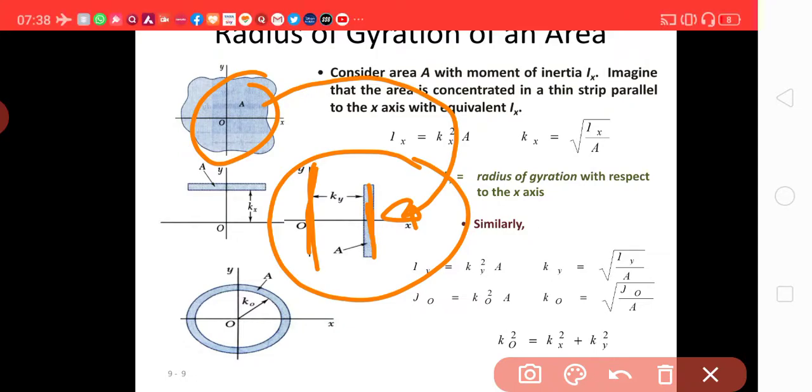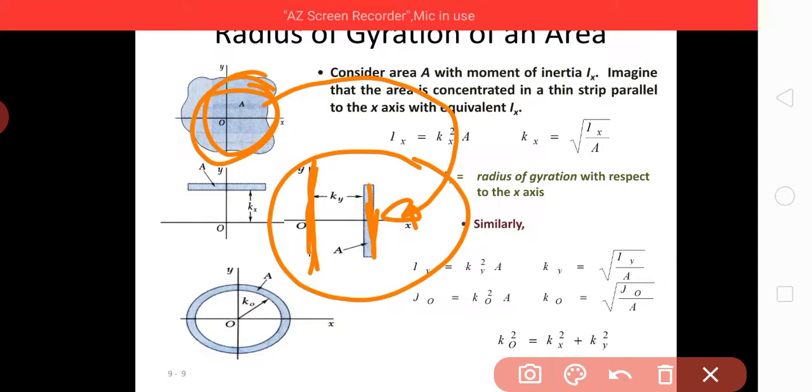So when you are reducing the area, the distance should be increased such that the moment of inertia about this axis remains the same. Then the distance ky will be called the radius of gyration about the y-axis.